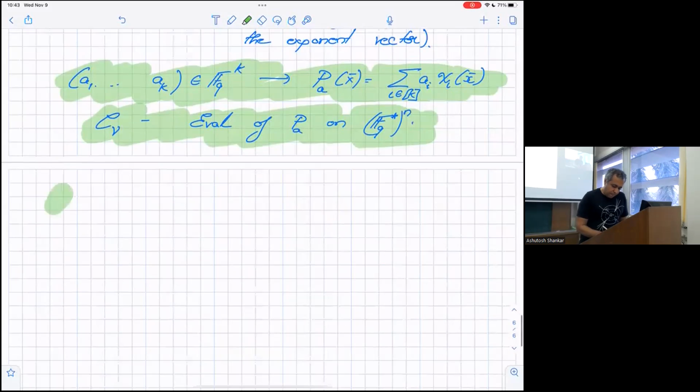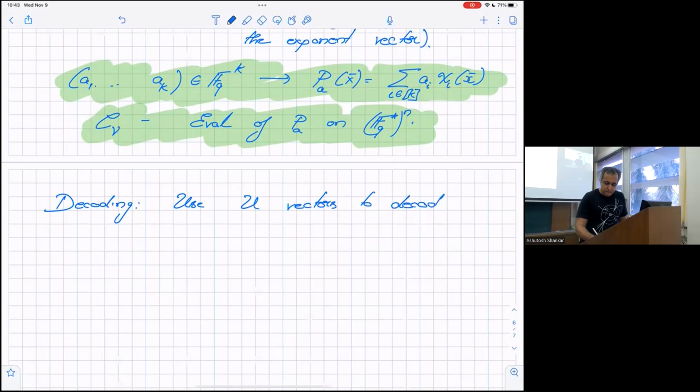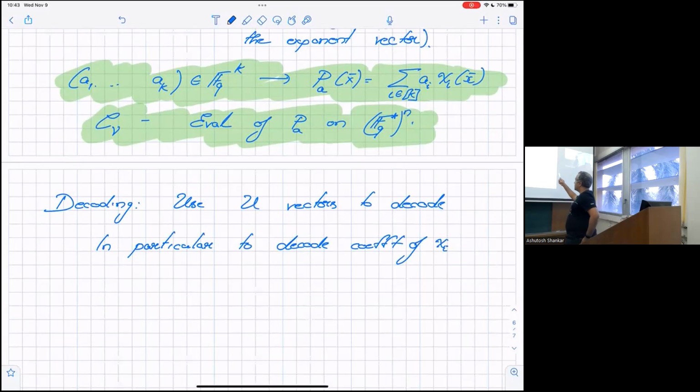Now the decoding: use the U vectors to decode, in particular to decode the coefficient of chi i.